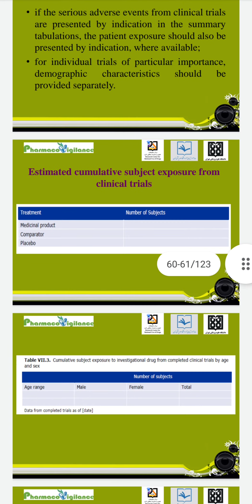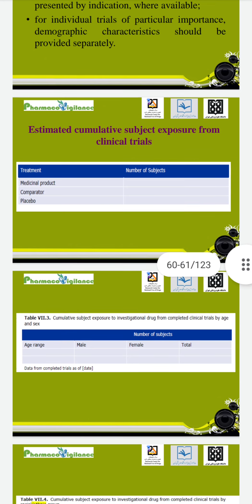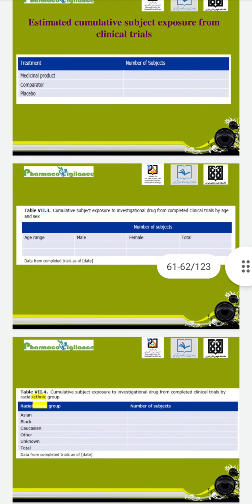Estimated cumulative subject exposure from the clinical trials: treatment, medicinal products, comparator, and placebo, with number of subjects. Cumulative subject exposure to investigational drug from completed clinical trials by age and sex: age, female or male, and total.